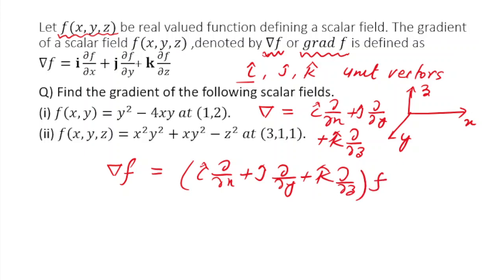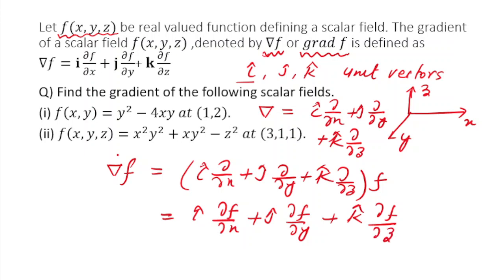So I will get i times del f by del x, plus j times del f by del y, plus k times del f by del z. So this is what I have written here. This is the way we calculate the gradient of a scalar field.